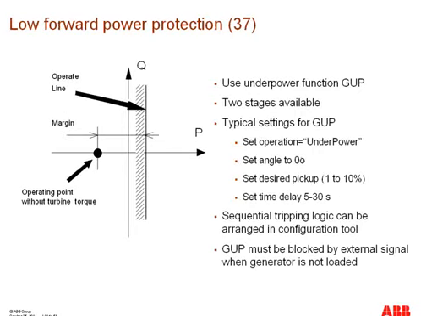For low forward power protection, one should use this underpower relay, and if the active power from the generator is less than about 2%, then this underpower relay will issue a trip.